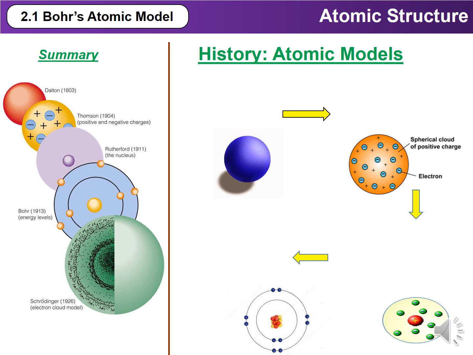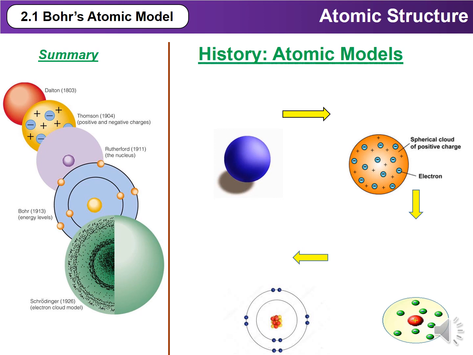We look at a bit of history, how they came up with this Bohr atomic model. As the history goes, the model started with Dalton. You have heard about Dalton in the earlier studies, and later it moved on to Thomson. Thomson said we have positive and negative charges, and further to Rutherford, and the most current one is Schrödinger.